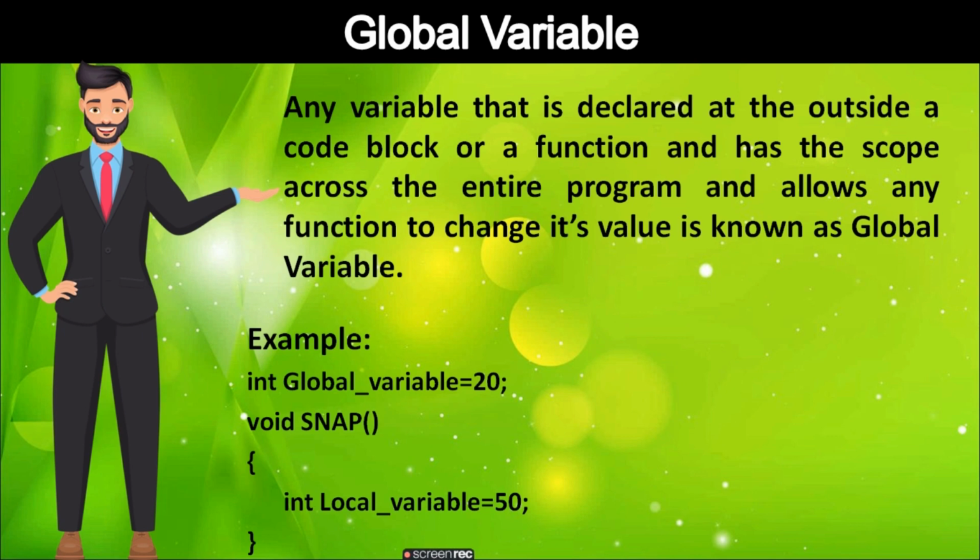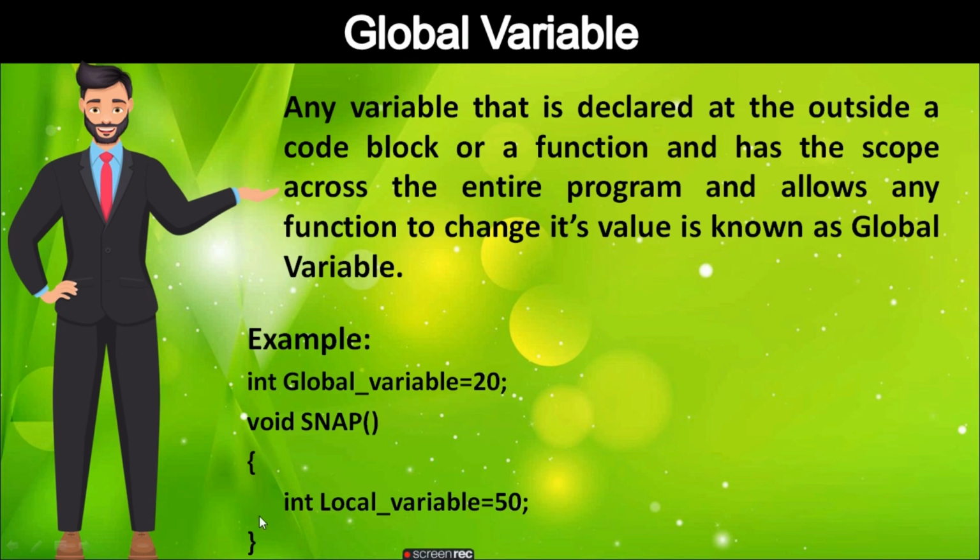I have assigned the value 20 to the global variable. That value can be accessed in any function, not only in snap but in other functions also. I can refer to the global variable and change its values. In the entire program, this global variable is allowed.